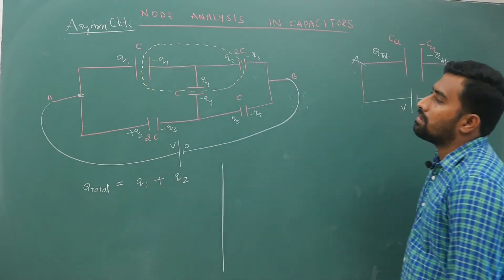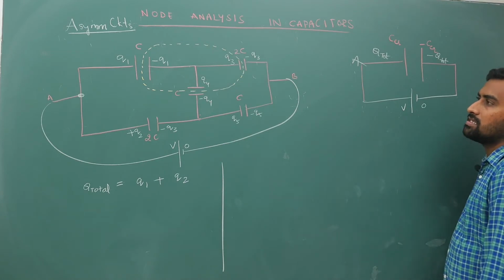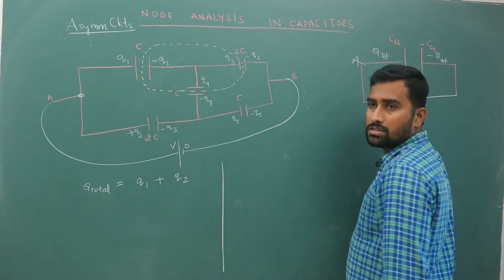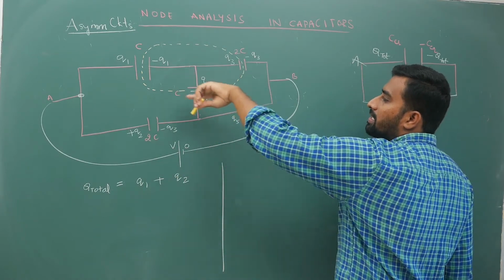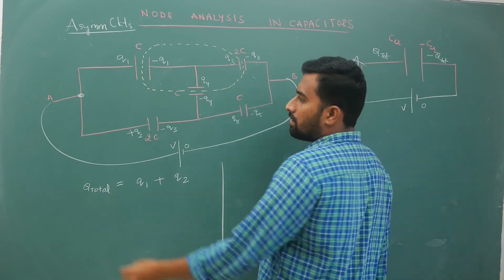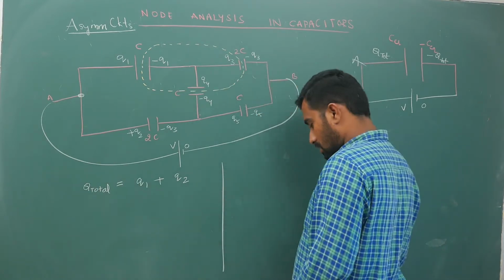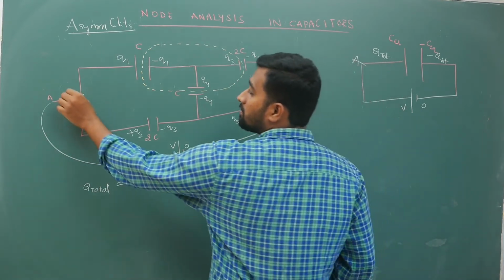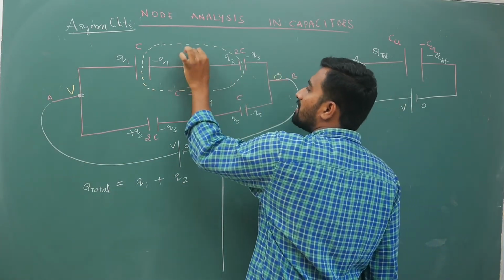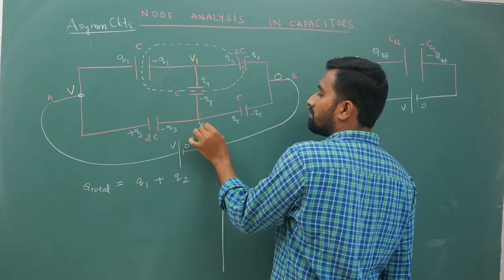If you take this part, your total enclosed charge is 0, because no external branch is connected to this. Of course, an important part, we have forgotten marking the potentials. I explained this much and forgot the most important thing. It is V, it is 0, it is V1, it is V2.